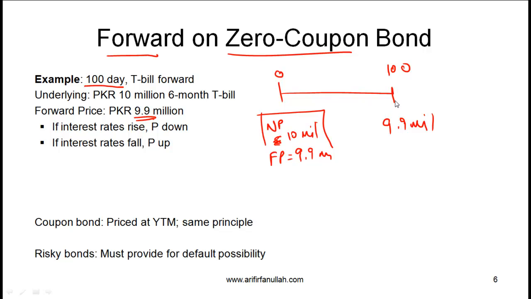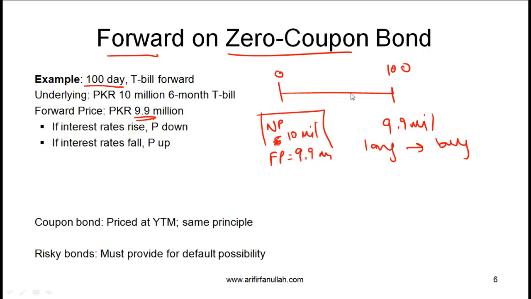Now what happens actually on this day? The long is the one that will buy, and the long is going to pay this much. The short will sell this underlying, and the price agreed upon is 9.9 million. Now what happens if interest rates rise?